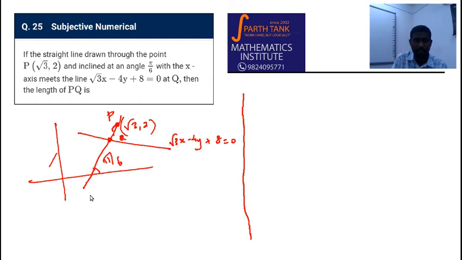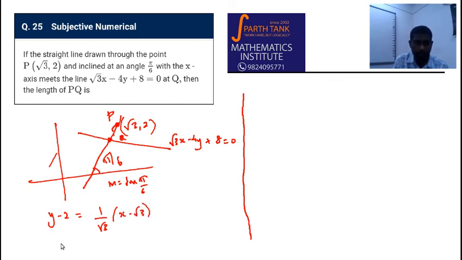Very simple. So all I have to do is, first of all, find the equation of the line. See, what is the equation of the line? It's passing through root 3 comma 2. So y minus 2 is equal to m, and m is equal to tan pi by 6, which is 1 by root 3. So 1 by root 3 into x minus root 3.